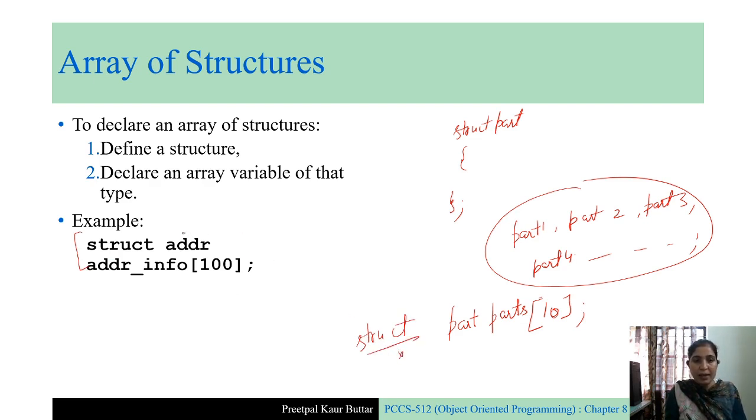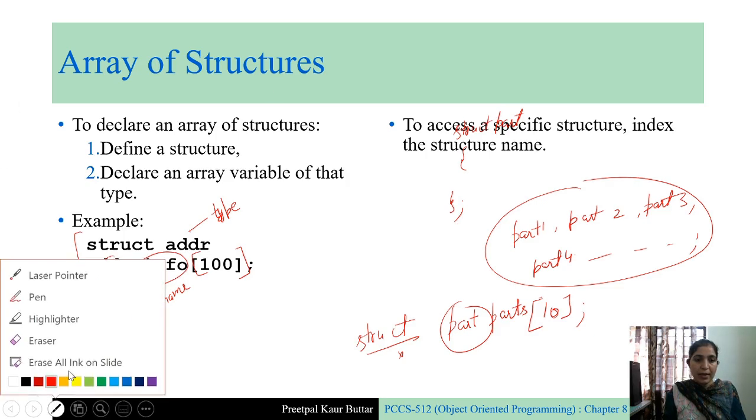Then ADDR is the type of the structure, just like part is the type of the structure. And then this is the array name. In the square brackets, you are telling how many such structures you are going to create. In this case, we are going to create 100 such structures.